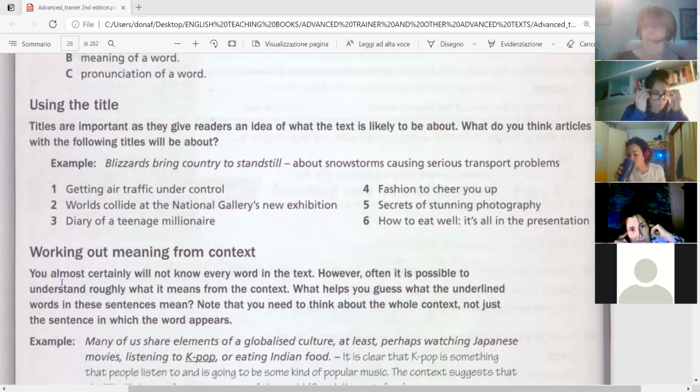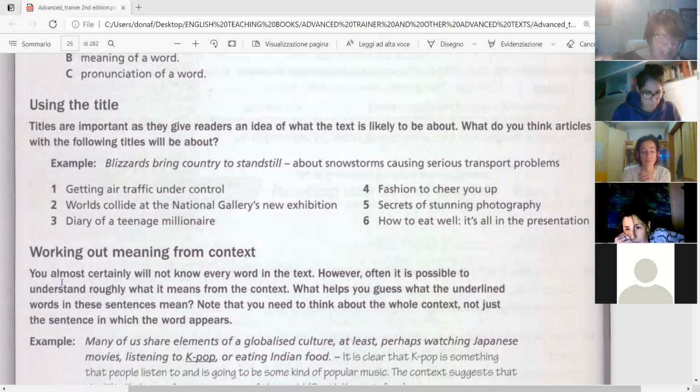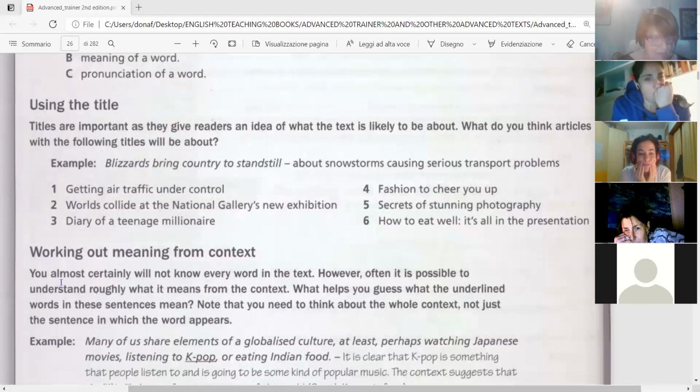So probably two cultures that usually do not meet. They could be contrasting, maybe. And what about the diary of a teenage millionaire? Easy to say. Franci, what do you think?